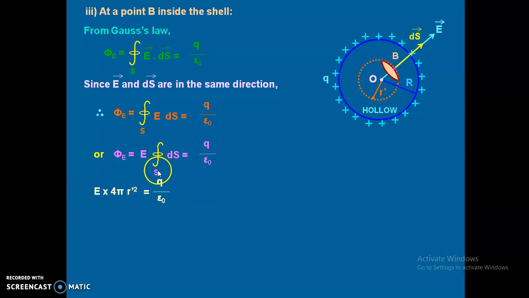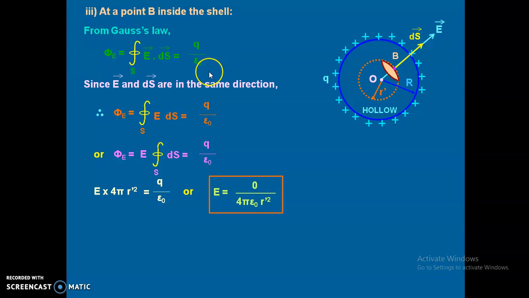This time this is actually r dash, not r, so r dash square is the surface area of this small Gaussian sphere, or we can write E is equal to q upon 4 pi epsilon naught r dash square, E is equal to 0 upon 4 pi epsilon naught r dash square. Now you can see 0 is written here.